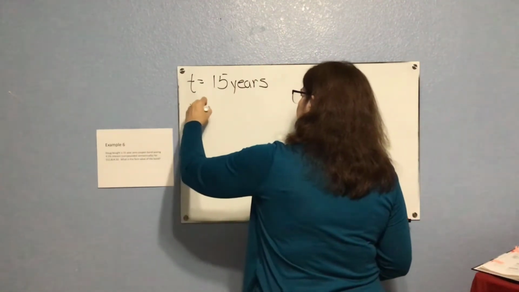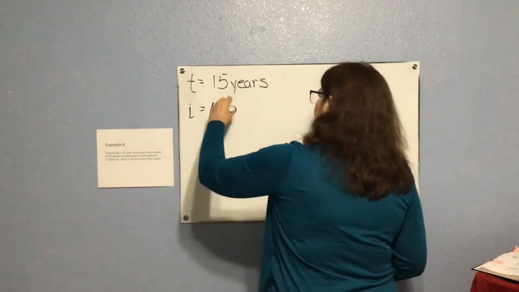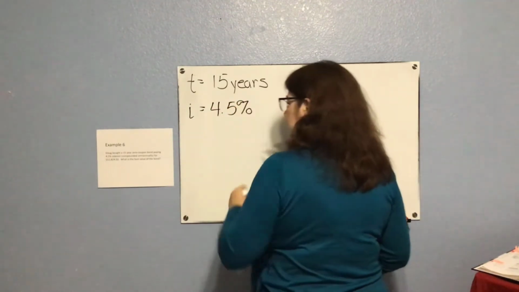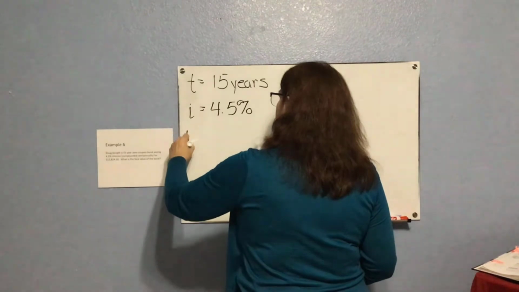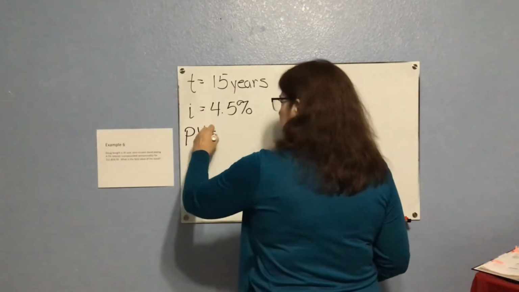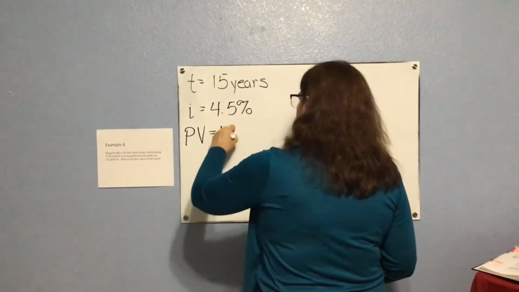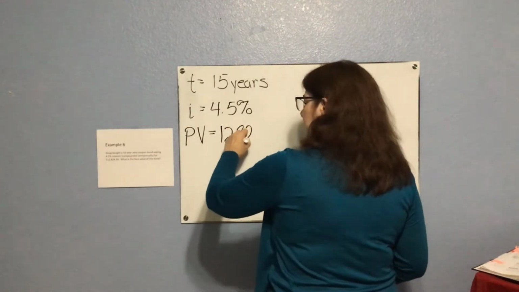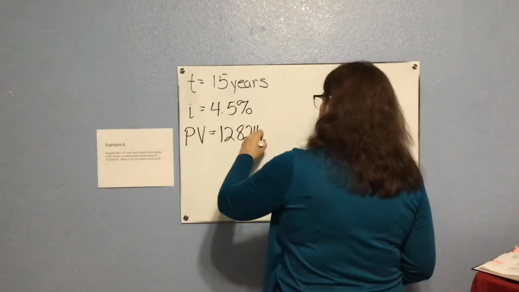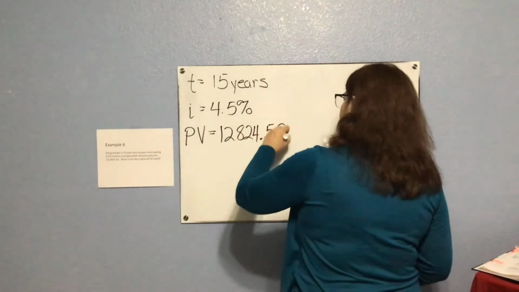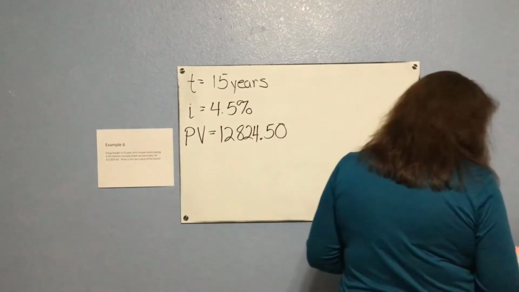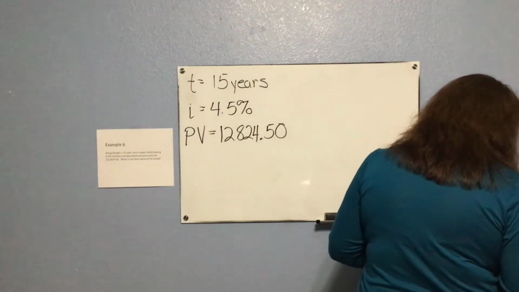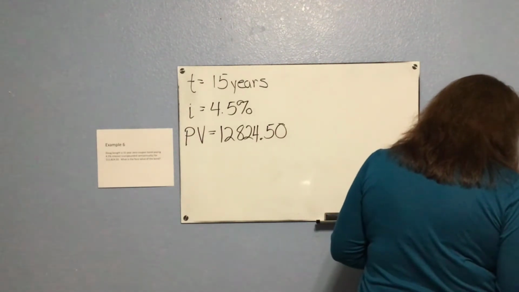The interest is 4.5%. And the original price, or the present value, is $12,824.50. And we're asked to find the future value, or the face value of the bond.